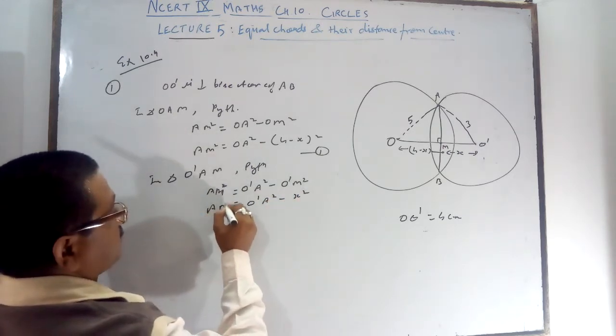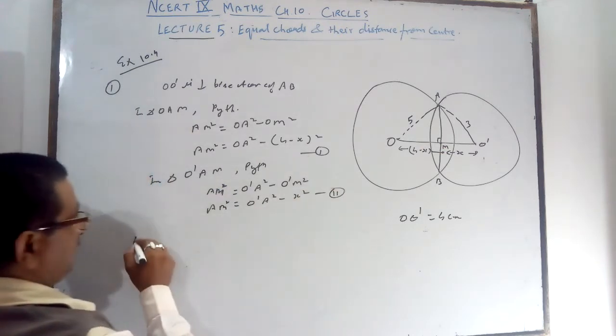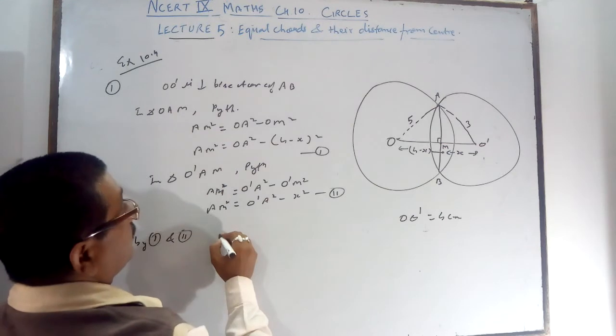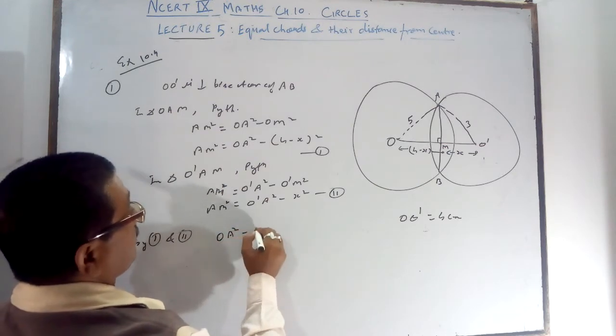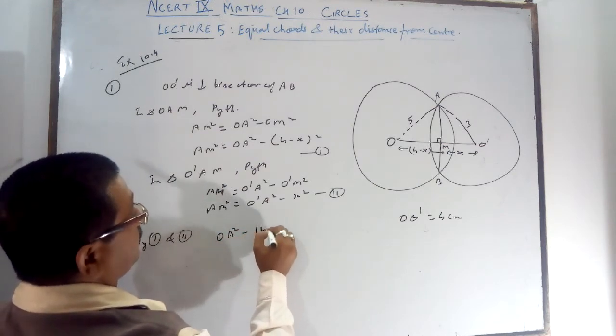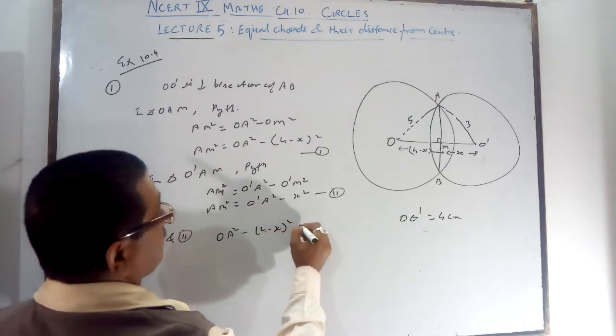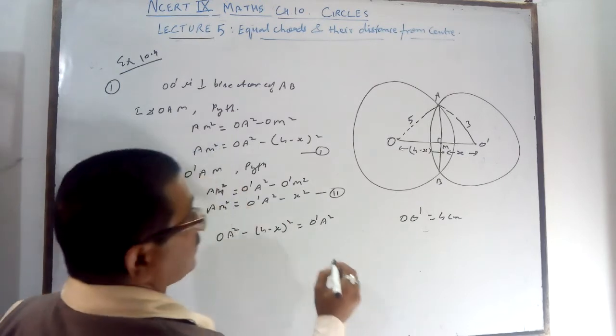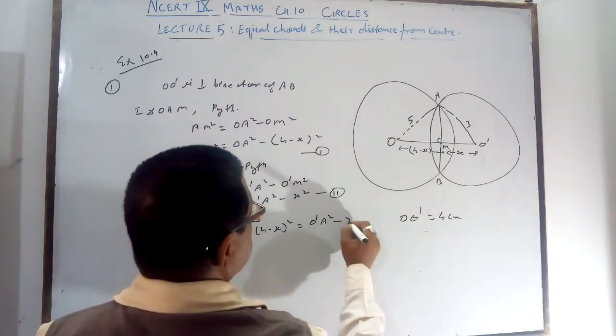It is the second equation. Comparing the first and second, OA square minus (4 minus X) whole square is equal to O dash A square minus X square.